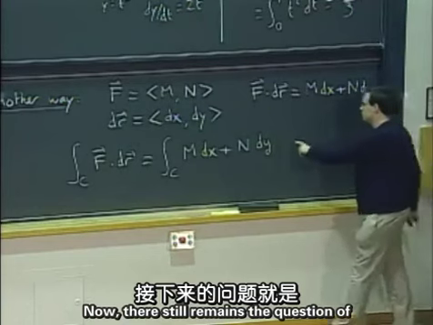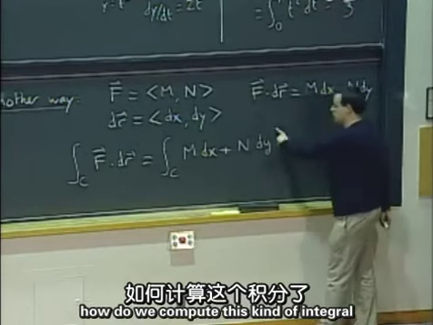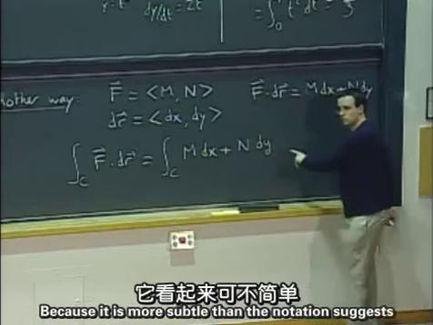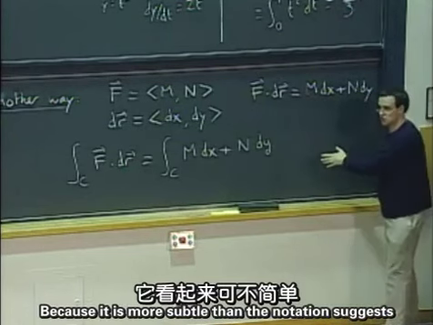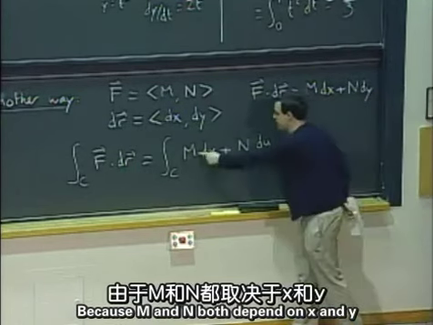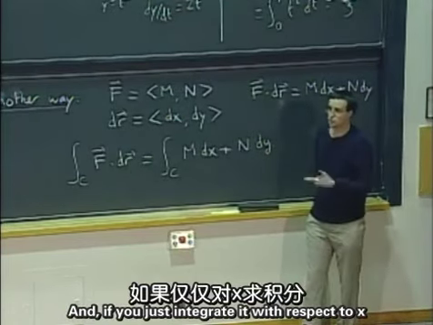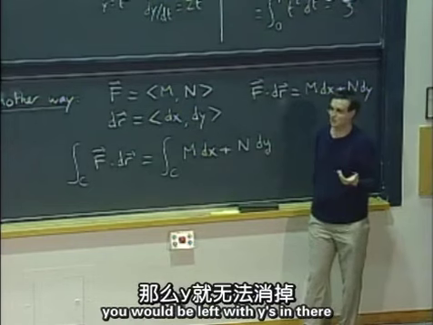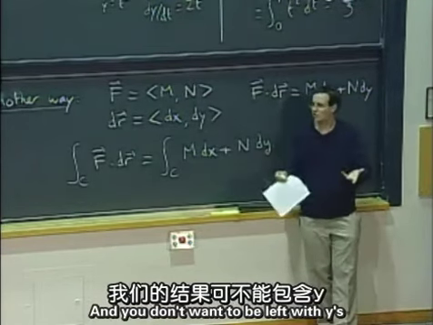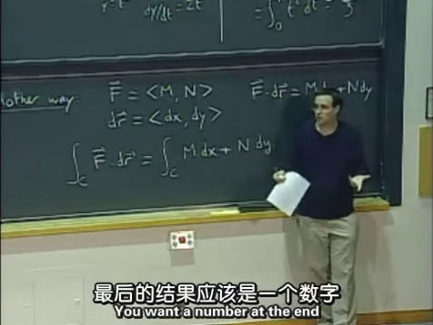Now there still remains the question, how do we compute this kind of integral? Because it's more subtle than the notation suggests. M and N both depend on x and y, and if you just integrate with respect to x, you'd be left with y's in there, and you don't want that. You want a number at the end.